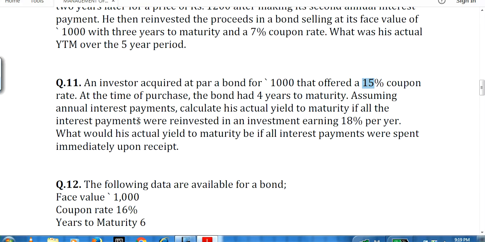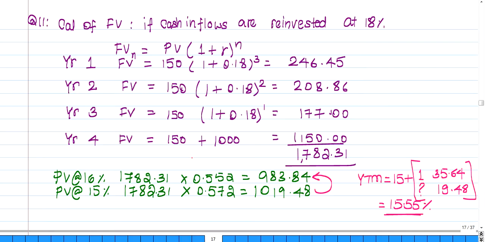If all the interest payments were reinvested in an investment earning 18% per year, what would his actual yield to maturity be? And if all interest payments were spent immediately upon receipt? So calculation of future value, if cash inflows are reinvested at 18%, as the question is given.